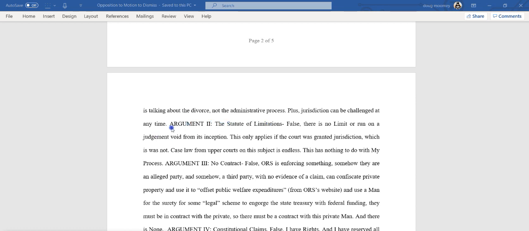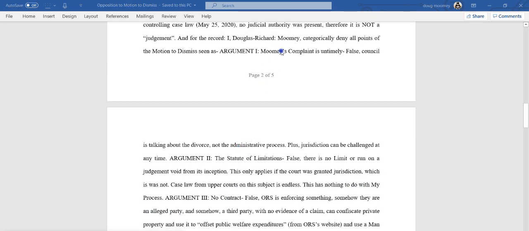So, argument 2 that they had was the statute of limitations. It's false. There is no statute of limitations running on a judgment void from its inception. This only applies if the court was granted jurisdiction, which it was not. Case law from upper courts on this subject is endless. This has nothing to do with my process. Okay?